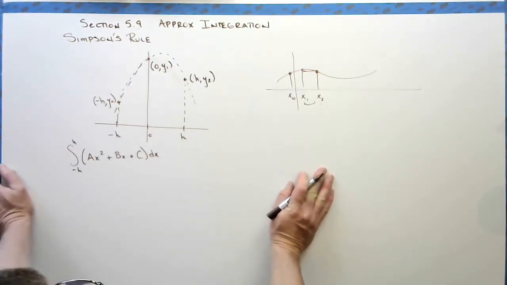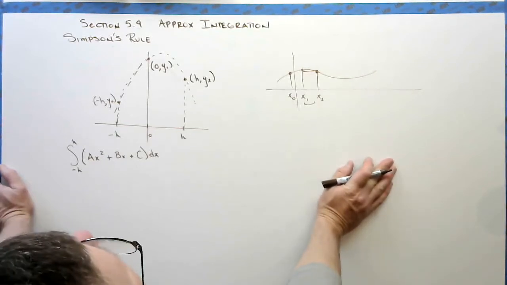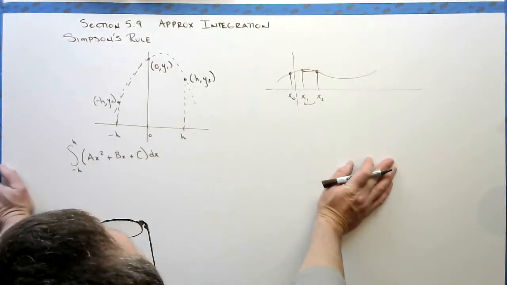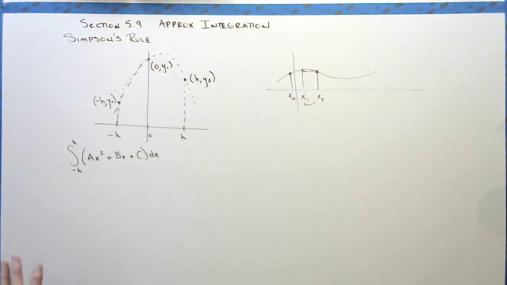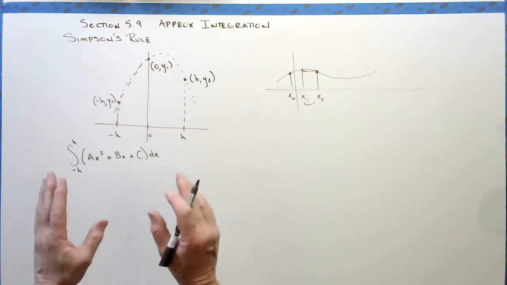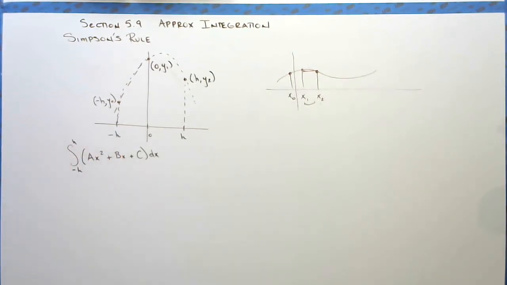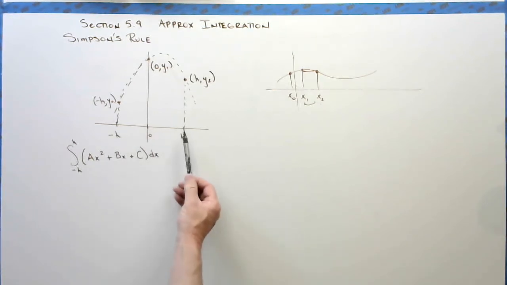But if we take a look at this closely and we consider a couple of facts about our parabola in its current orientation, so that we have this uniformity between the positive x and the negative x.